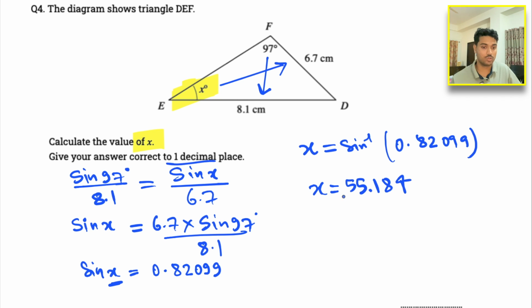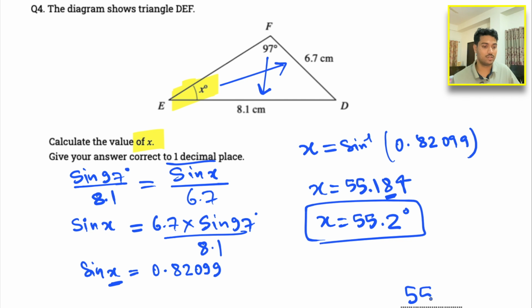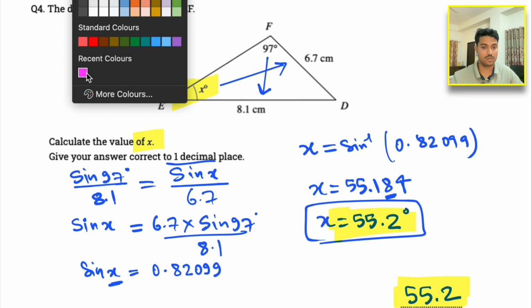We have to write correct up to one decimal place this time. So x is equal to 55 point, next to 1 we have 8, so we can write 55.2 degrees. So that's the answer, 55.2 degrees. That's the value of x. Let's move on to the next question now.